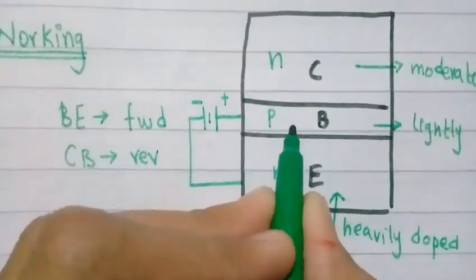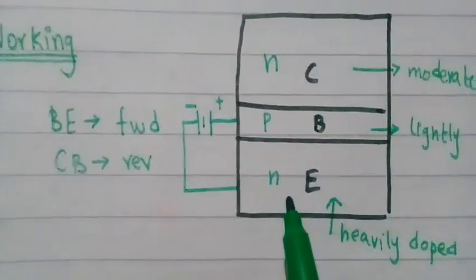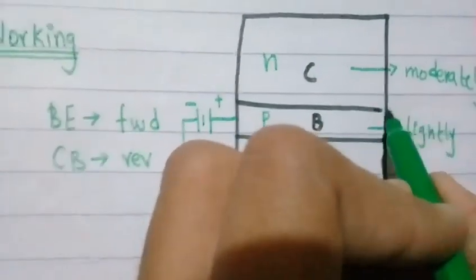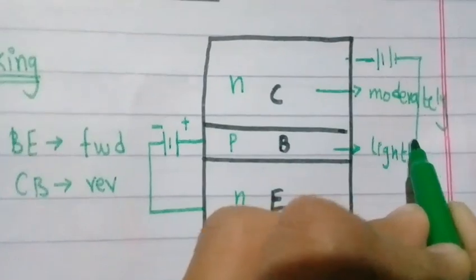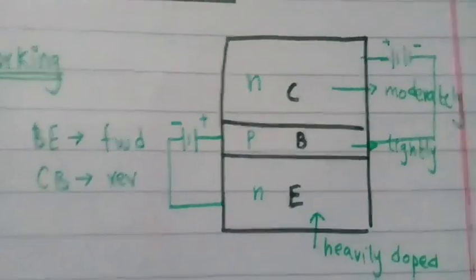So it becomes a forward bias condition, and the collector base junction is reverse biased. The collector is positive, so the positive battery terminal is over here and the negative terminal of the battery is connected with the base, so it will be reverse biased.